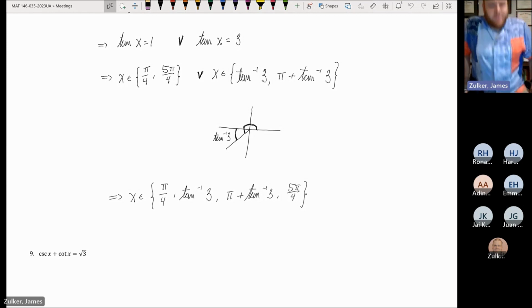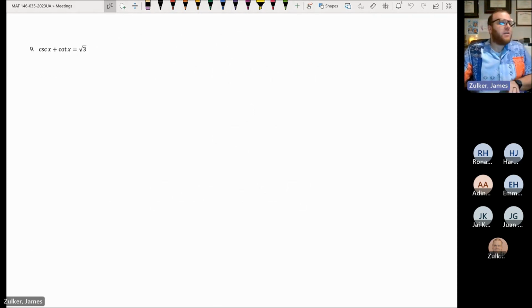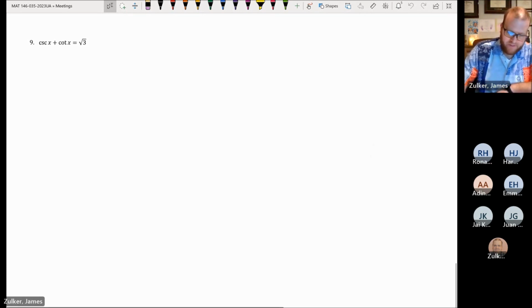And welcome back. All right, we're going to be finishing up with the equations. Next one we're looking at, cosecant plus cotangent is √3. Well, both cosecant and cotangent have sine in the denominator.